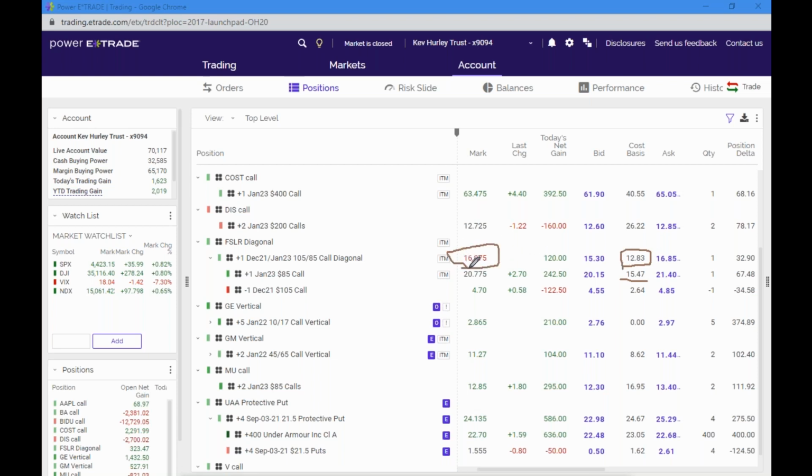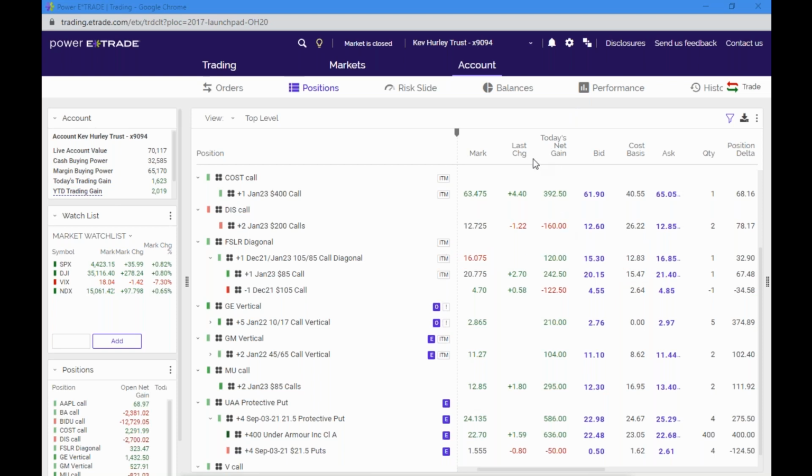Getting out at 17, booking $4.17 just seems like a smart position for me to be in.